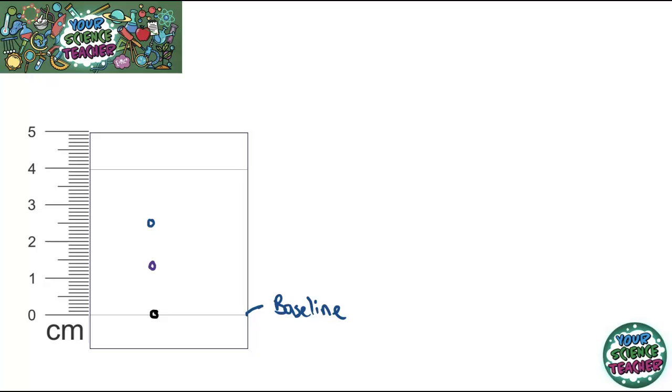So when I place my mixture on my baseline and I put my chromatography paper in water, my solvent doesn't have to be water, but in this case I'm going to choose water as my solvent. When that water rises up, things that are more soluble in water will travel higher in the solvent, and things that are less soluble will stay towards the bottom of my chromatography paper.